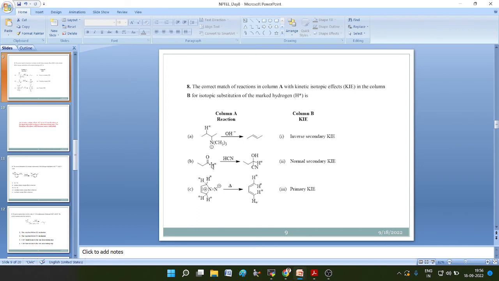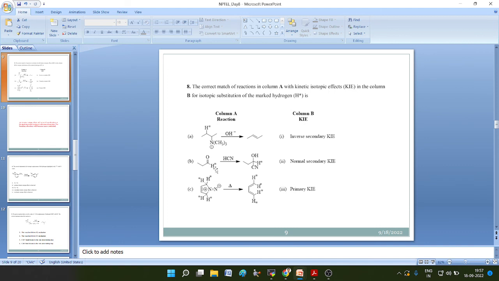Now there is one vibration involving this carbon-hydrogen bending. From trigonal to tetrahedral there will be more steric interaction. So the carbon-hydrogen bond will bend.